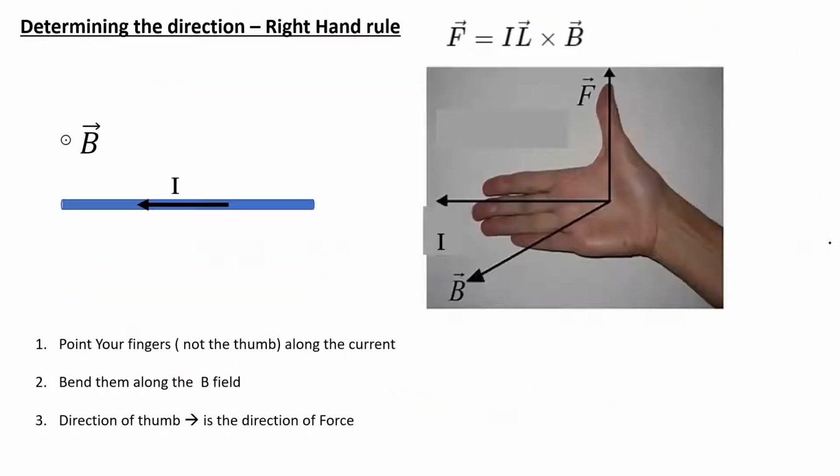Okay. So the next thing is finding the direction. Like I said before, we are not using the previous equation as it is, we are using this one. This one only gives you the magnitude of force. But we have to find the direction because force is a vector.